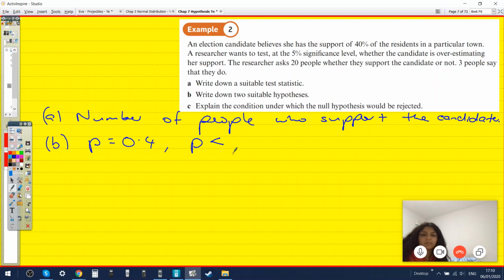Let's see if she's overestimating. If she's overestimating, okay, and C.